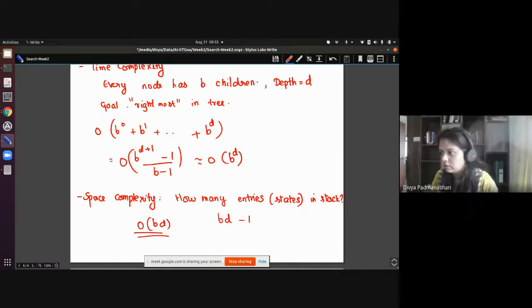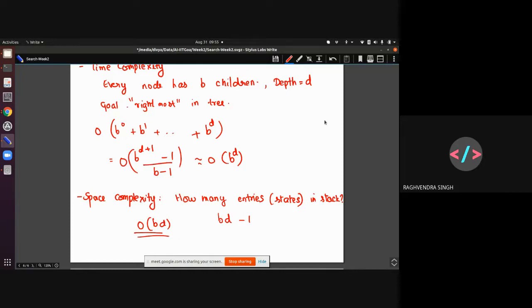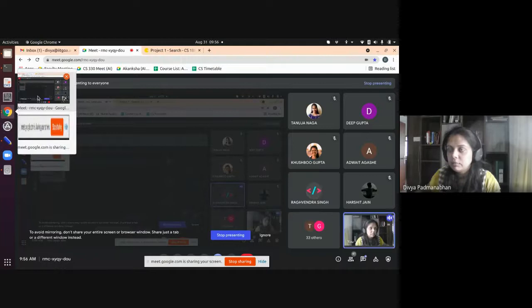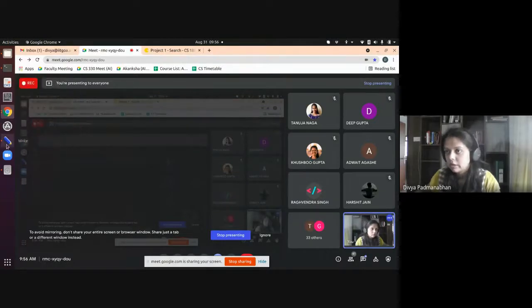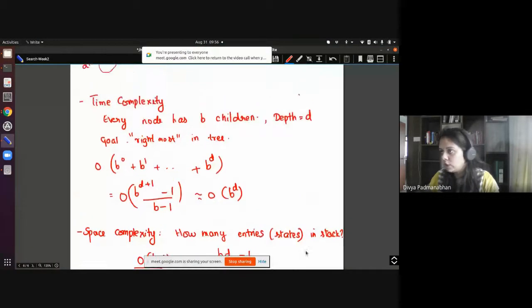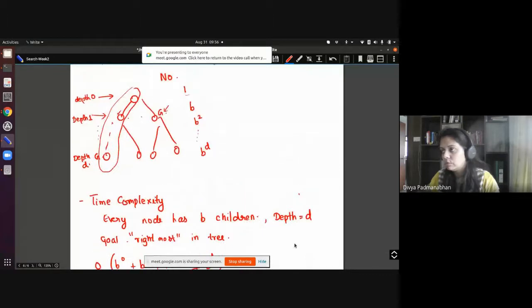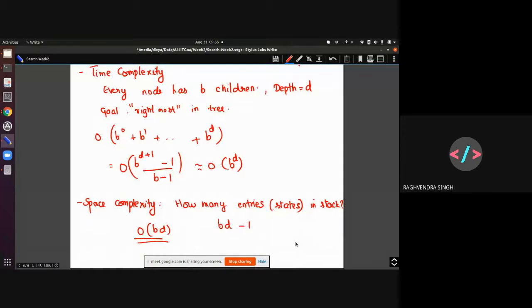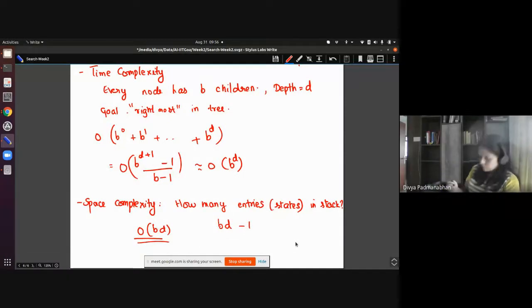Ma'am, but every level we remove one node, no? Yes, every level you will remove one node. So ma'am, how can it be B into D minus 1 or BD minus 1? So what we are saying here is just in terms of the order notation.